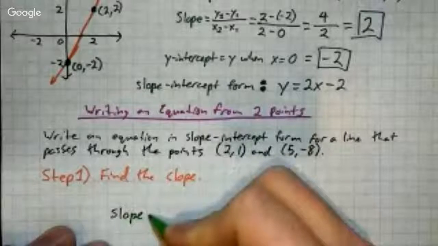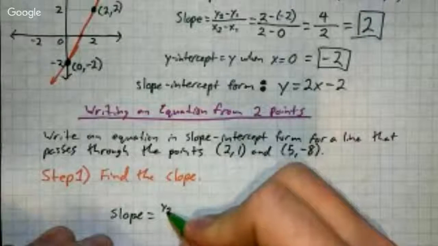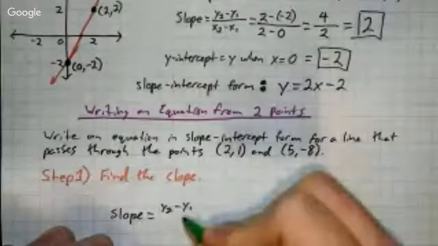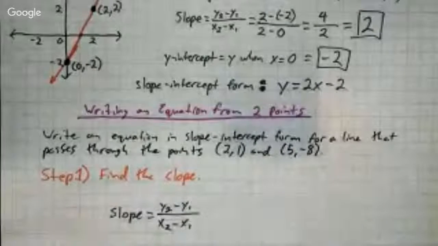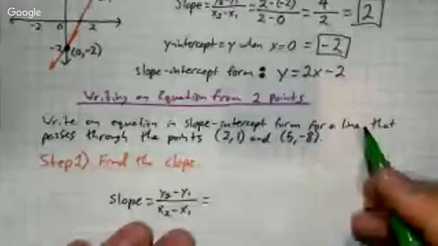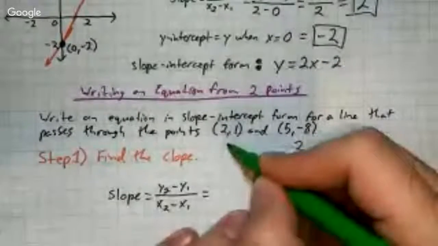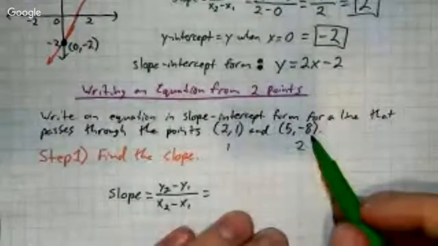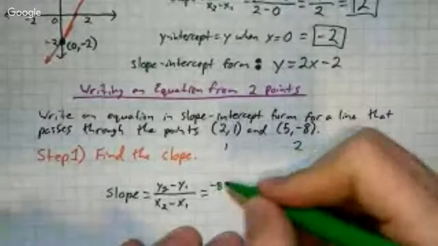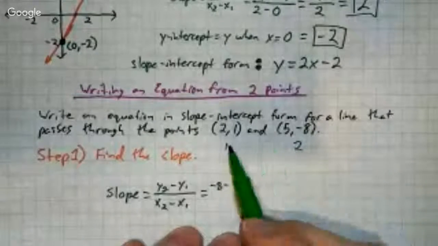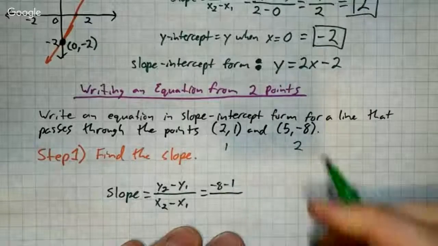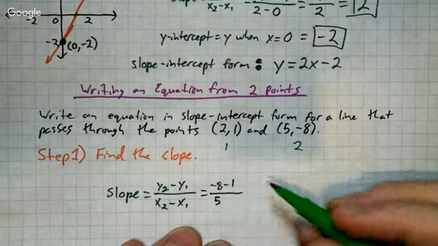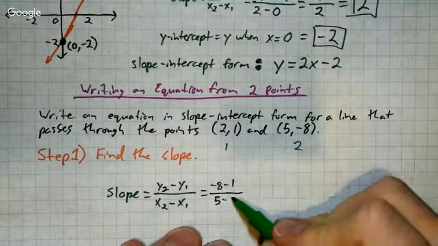Remember, the slope equals y2 minus y1 over x2 minus x1. It doesn't matter which order I put them in. I'll use this as my 2 and this as my 1. So y2 equals -8 minus y1, which is 1, over x2, which is 5, minus x1, which is 2.